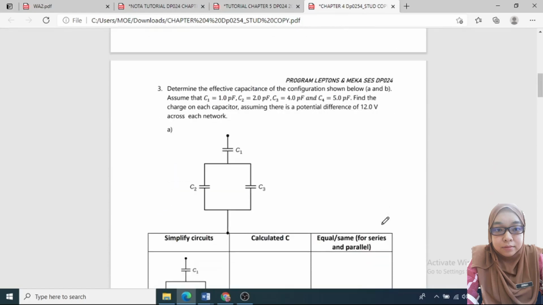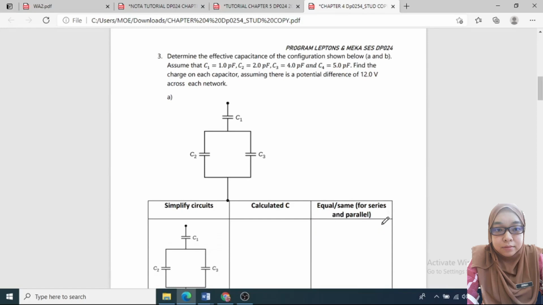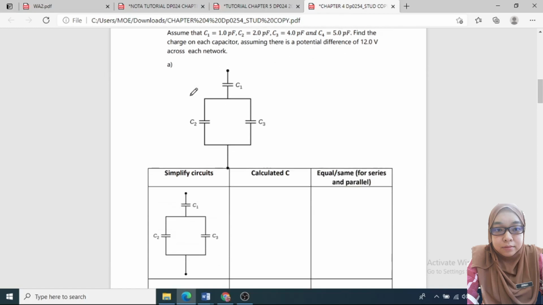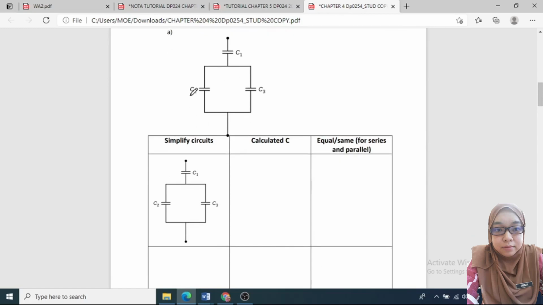Okay, number 3. Determine the effective capacitance of the configuration shown below, A and B. Assume that C1 equal to 1 picofarad, C2 is 2 picofarad, C3 is 4 picofarad, and C4 is 5 picofarad. Find the charge on each capacitor assuming there is a potential difference of 12 volt across each network. Okay, so we need to simplify this diagram.